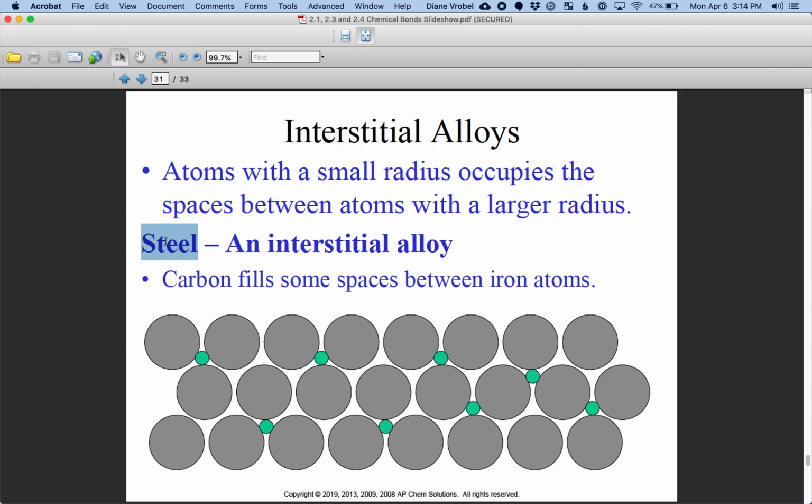So when you replace or add another element, you actually get a bonus with the properties. So carbon with iron gives you steel, which has more favorable properties than just iron.